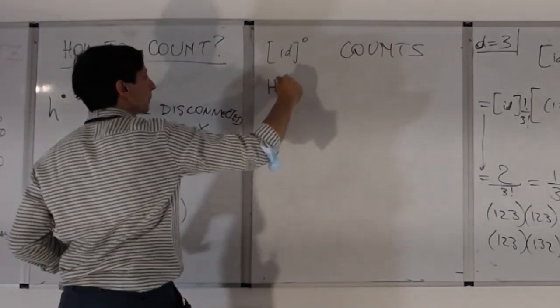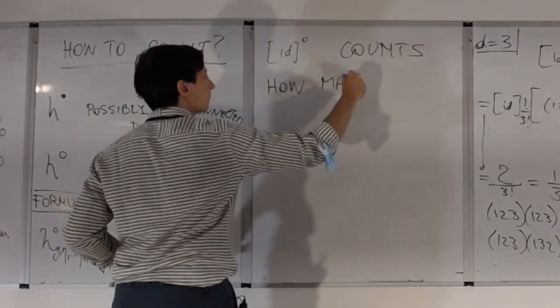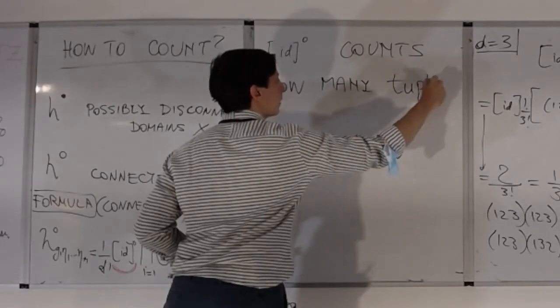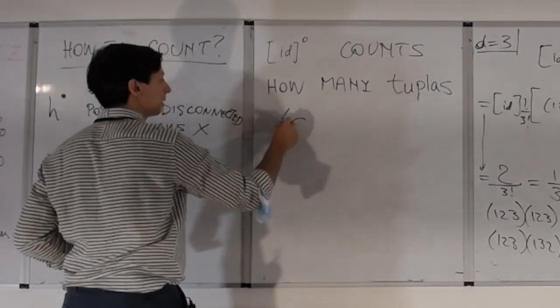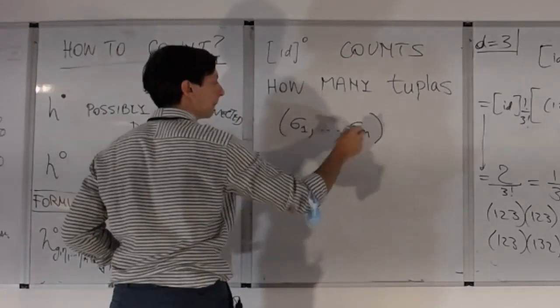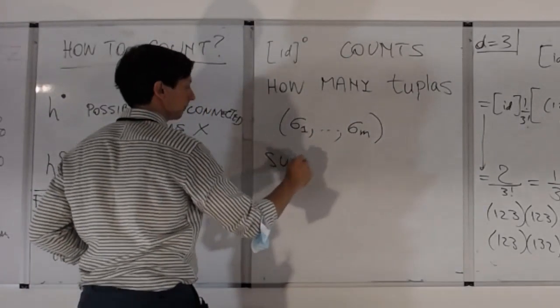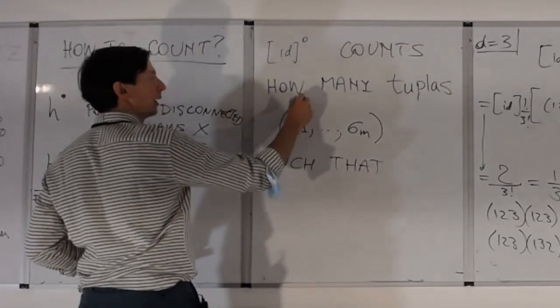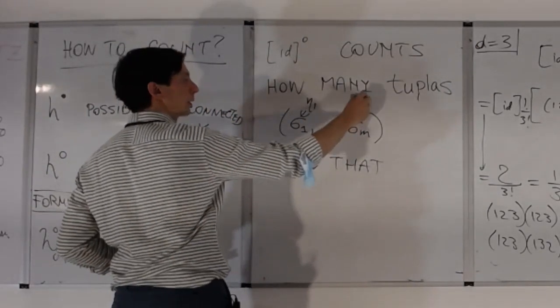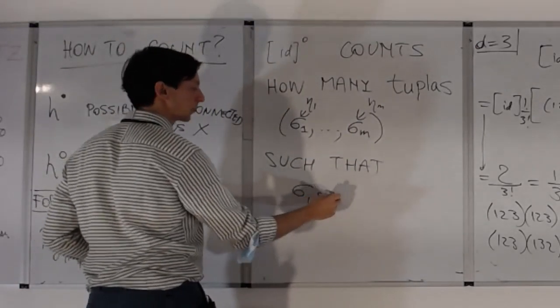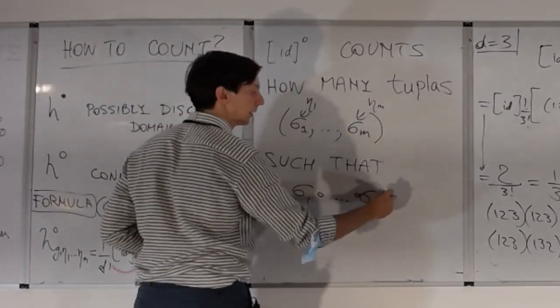how many tuples sigma 1 through sigma m such that sigma 1 should be of cycle type eta 1, of course, and sigma m should be of cycle type eta m. As always, such that sigma 1 composed through sigma m is the identity, right?